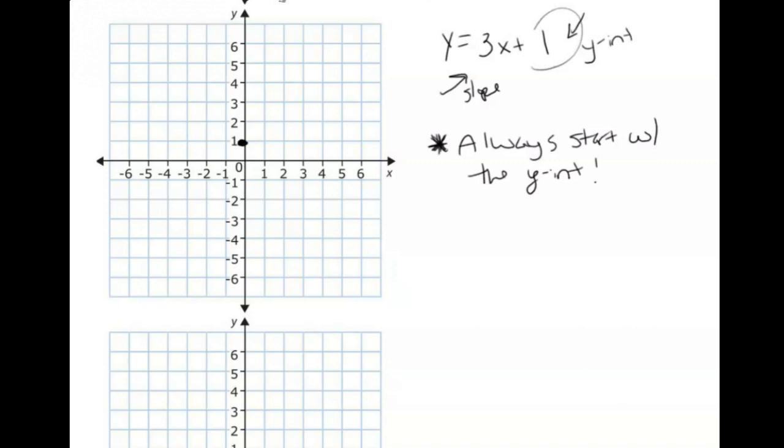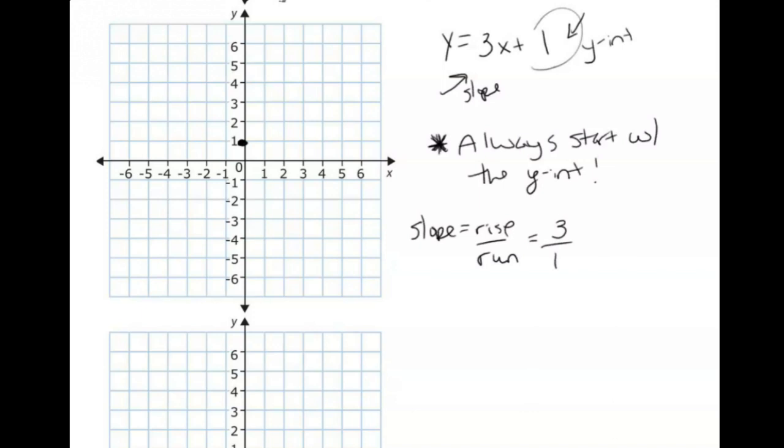Now, in order to generate your next set of points, in order to construct this line, we use our slope. And remember, slope is rise over run. And for us, the slope is 3. Well, I could write 3 over 1, and it doesn't change the value, and it helps me with my rise over run.